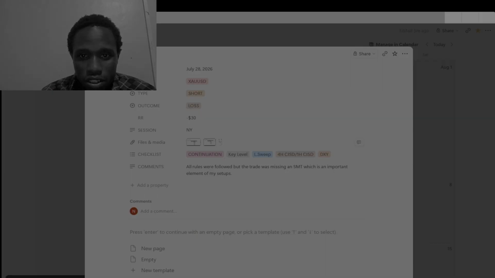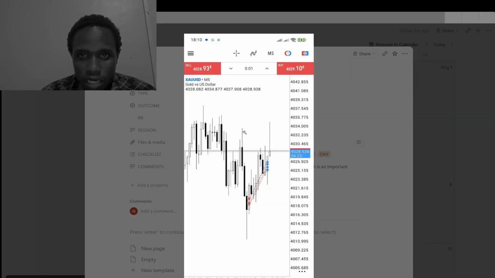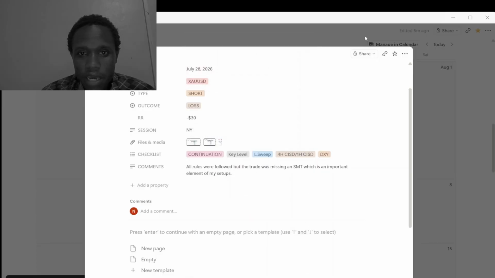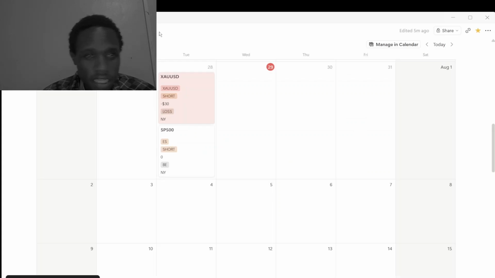I also add the MT5 execution there, so I have those three. And then for the comments, I add all the rules. Yesterday all the rules were followed, apart from the trade missing an SMT, but that's a story for another day. That basically is how I journal.